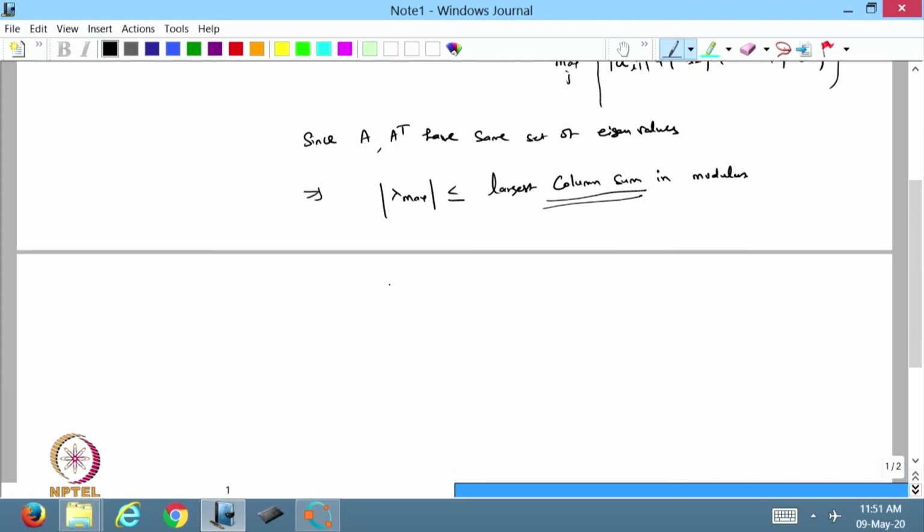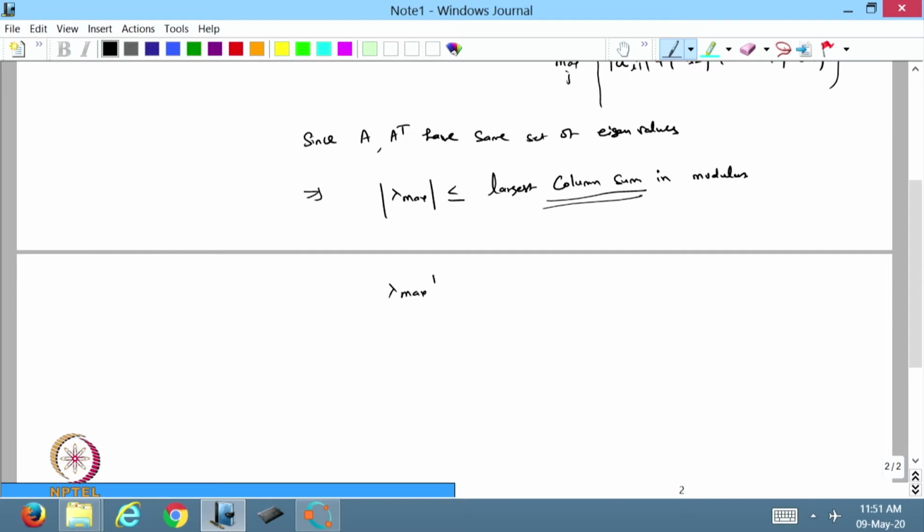So from here I can write that this max will always be less than the maximum over j of the sum over i from 1 to n of |a_ij|.